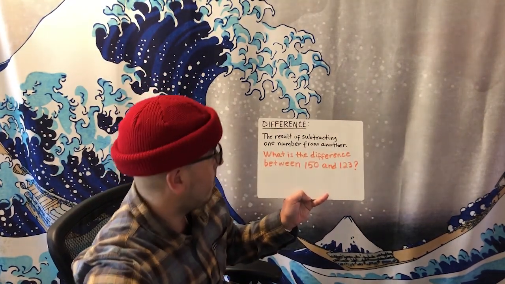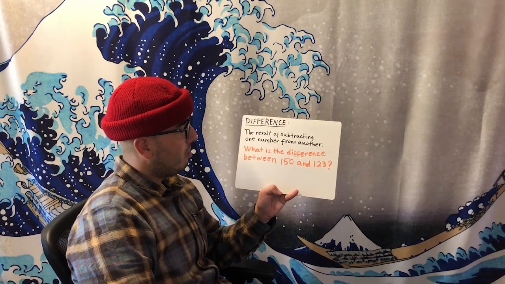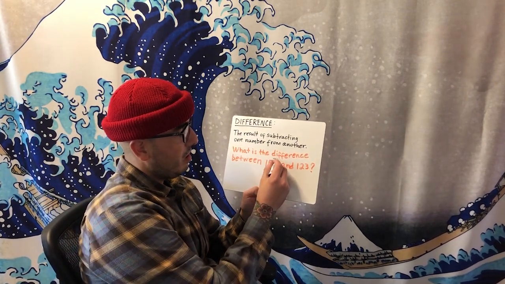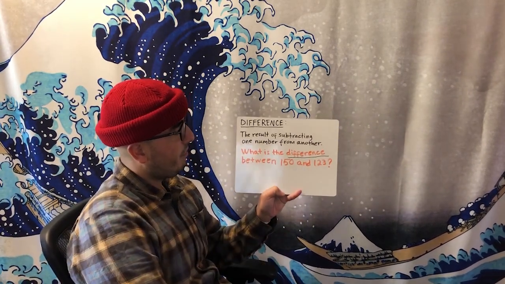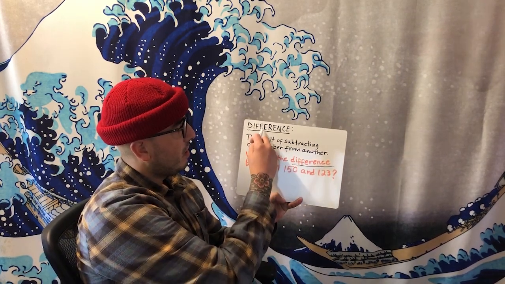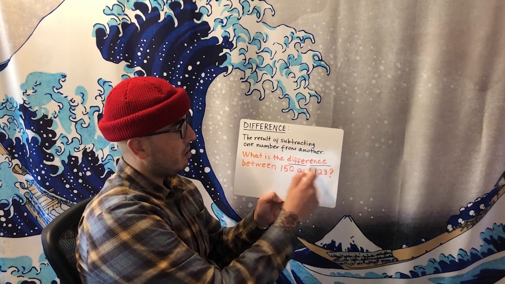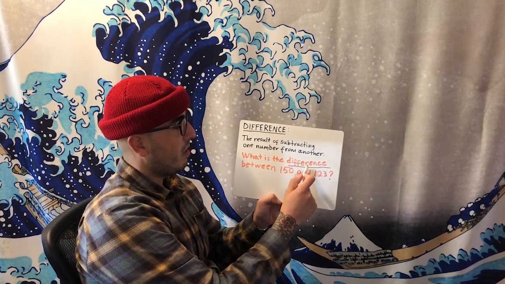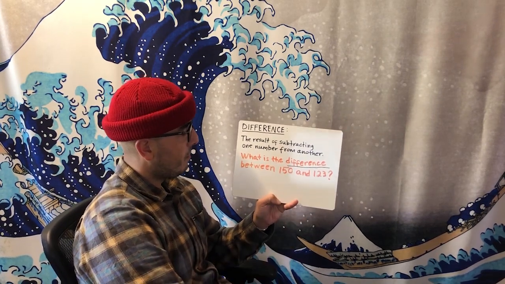So here, in this case, I would underline the difference, because I know that it's important because it tells me what to do. I know that the difference, I'll be subtracting.